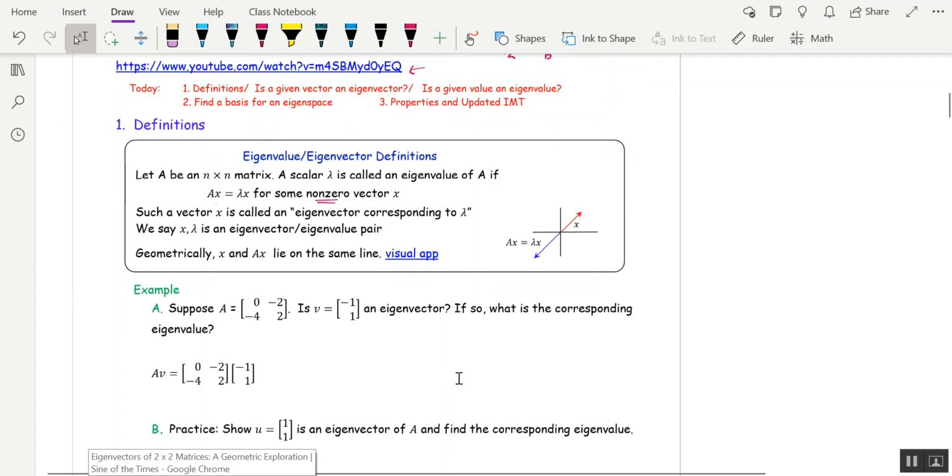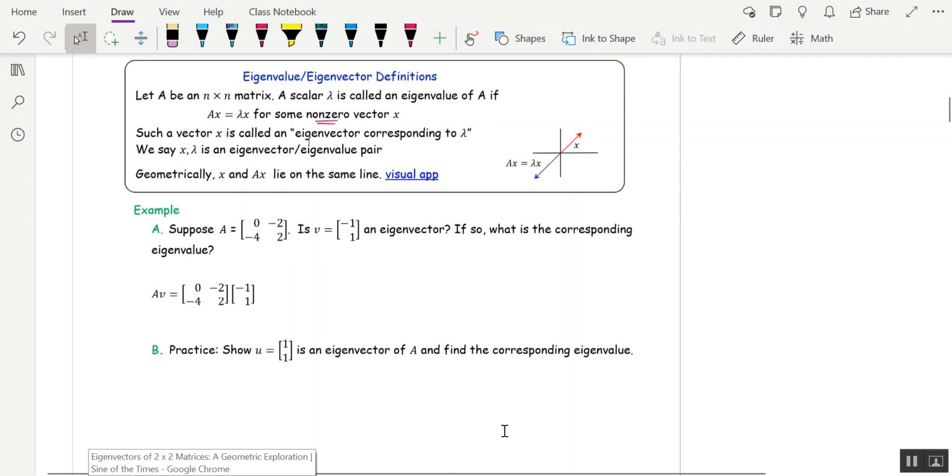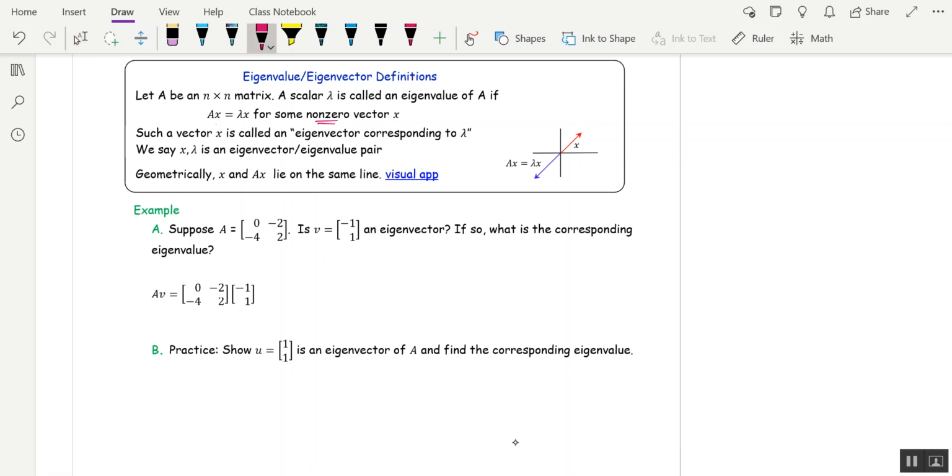So let's do some concrete examples. Suppose A is this matrix. Is v an eigenvector? So we want to answer the question, is Av equal to lambda v for some lambda? If it is, then the answer is yes.